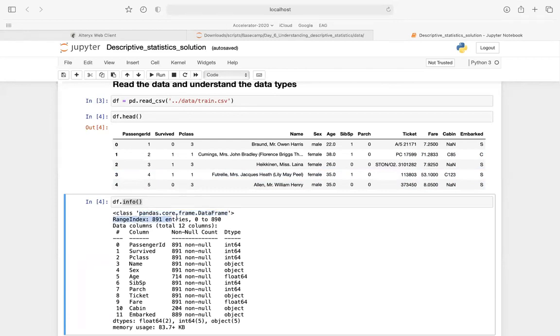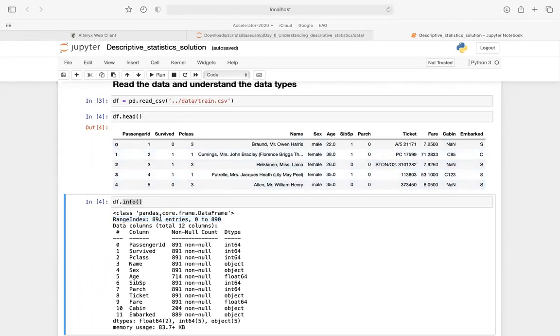Then I have another line which tells me 891 entries, 0 to 890. Can somebody tell me what it is quickly? What do we mean by this line? It is giving the total number of records with the corresponding index. Absolutely right. So this tells me I have a total of 890 records available in my dataset.